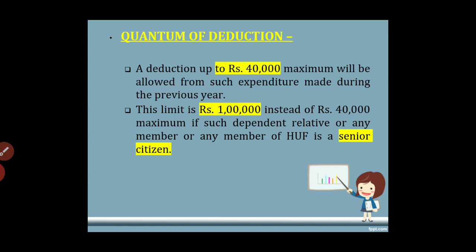How much? 1 lakh rupees in case of a senior citizen. When it is a normal taxpayer, maximum 40,000; for a senior citizen, maximum 1 lakh. Students, remember these amounts of every deduction specially, right? So this is deduction under section 80DDB.